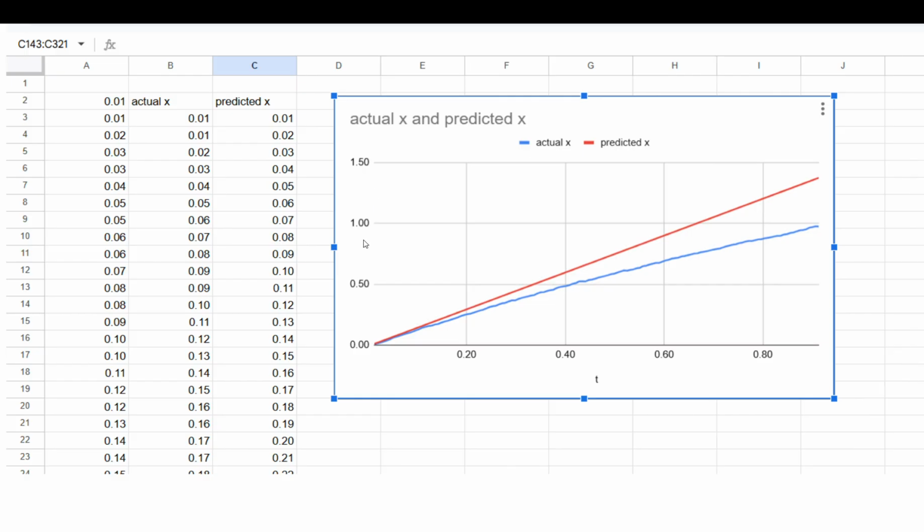And to find the predicted velocity, all we did was get the position vector for the actual and predicted, and we subtracted the change in time, and then divided the change in distance by the change in time to get a change in velocity.